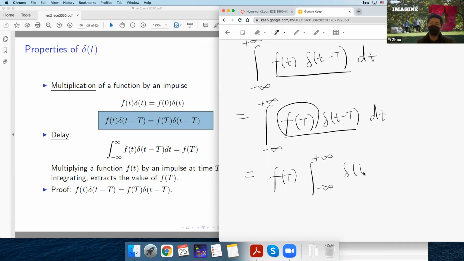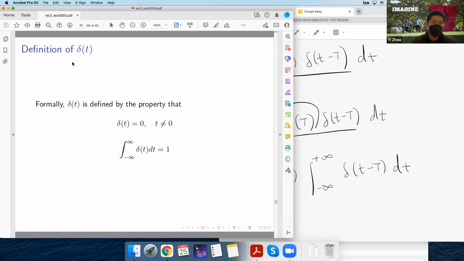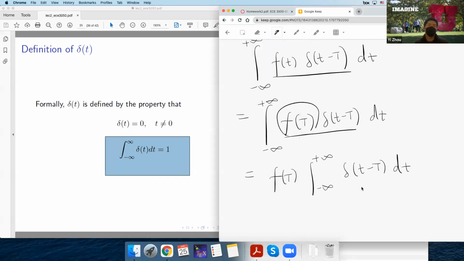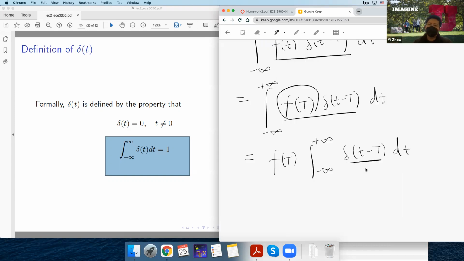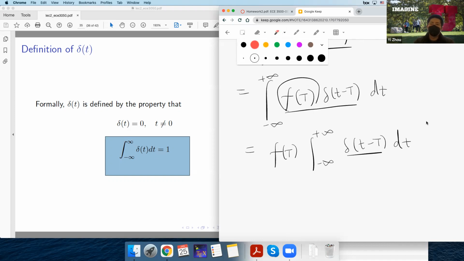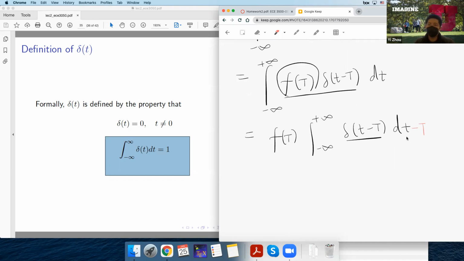And then we can evaluate this integration explicitly because this is just the integration of the delta function. By the definition of delta function, we know that the integration equals 1 over the entire time interval. But here we are dealing with a shifted version of the delta function, so we just need to do a change of variable. Here we can do this for free and define this as t prime.